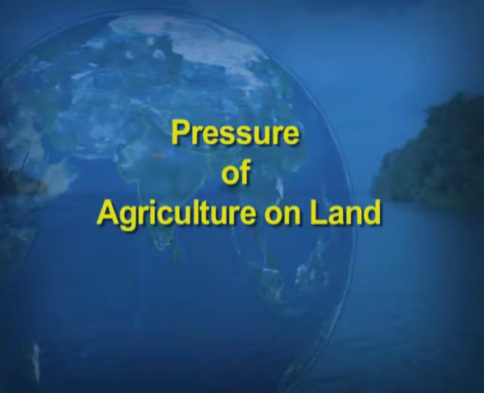Third is the pressure of agriculture on land. Pressure of agriculture on land remains the same, although the contribution of agriculture reduces with time, because there is a change in the mindset of the people as the activities also change.